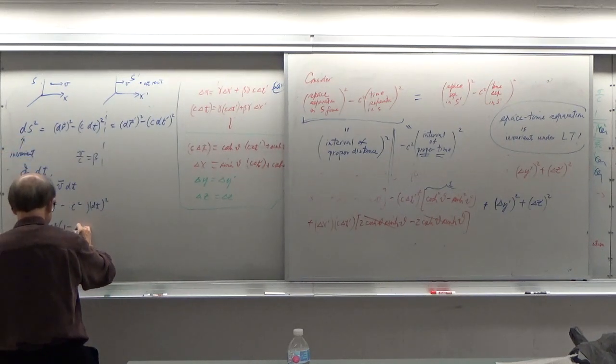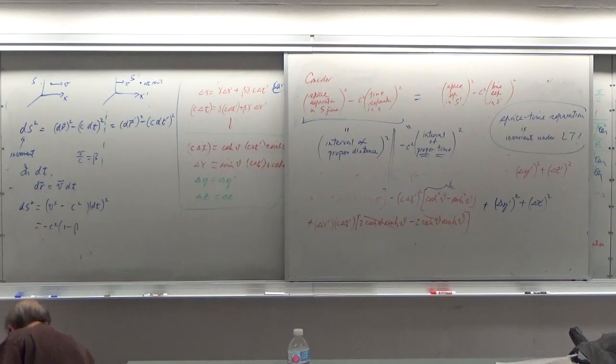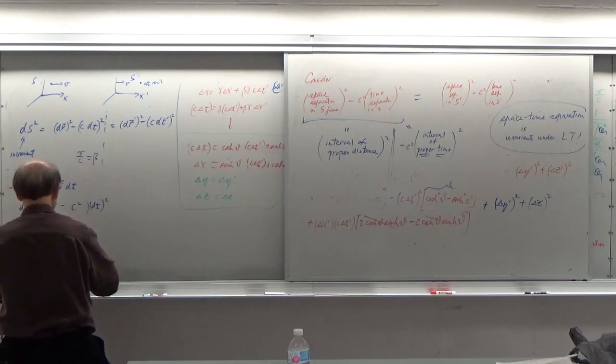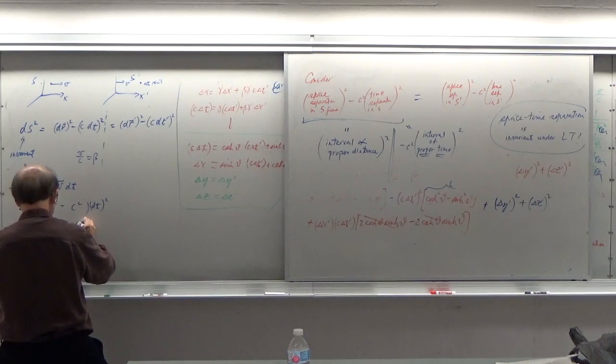So 1 minus beta squared, times dt squared.